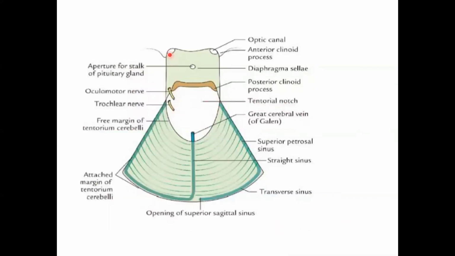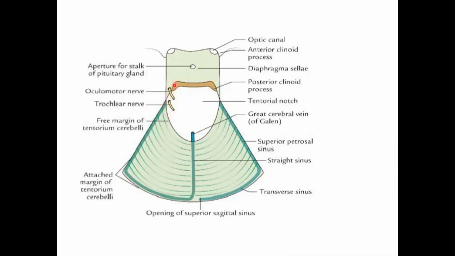So this is the attachment of the free and the attached margin. Just a revision: the free margin, the U-shaped tentorial notch, is attached anteriorly to the anterior clinoid process, and this tentorial notch encloses the midbrain. The attached margin is attached to the posterior clinoid process, then to the petrous temporal bone, and posteriorly to the groove for the transverse sinus on the occipital bone.